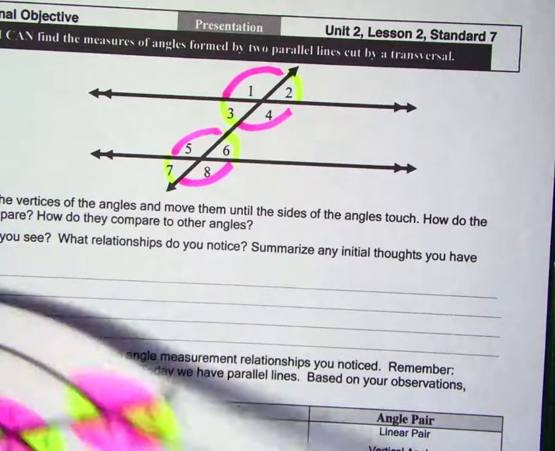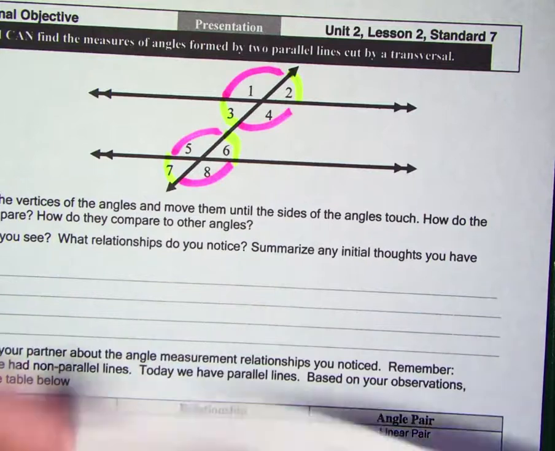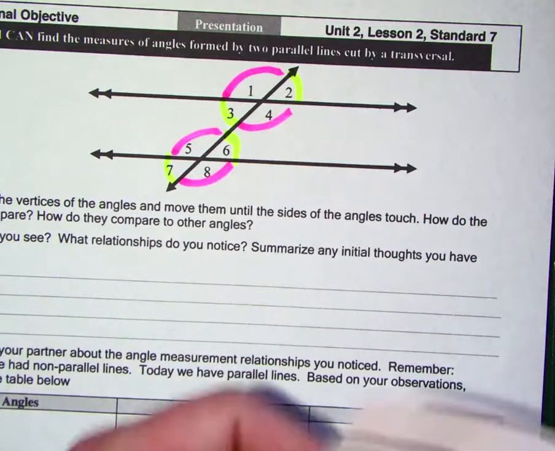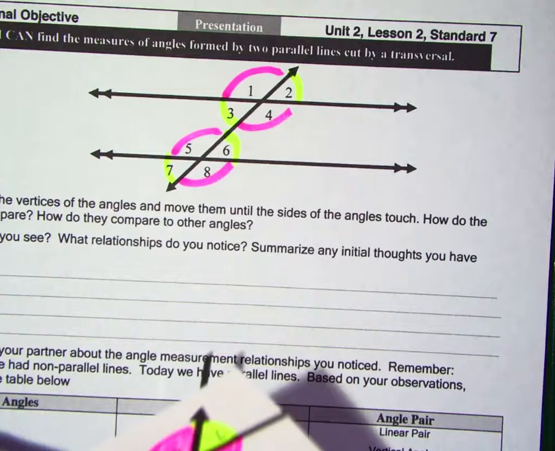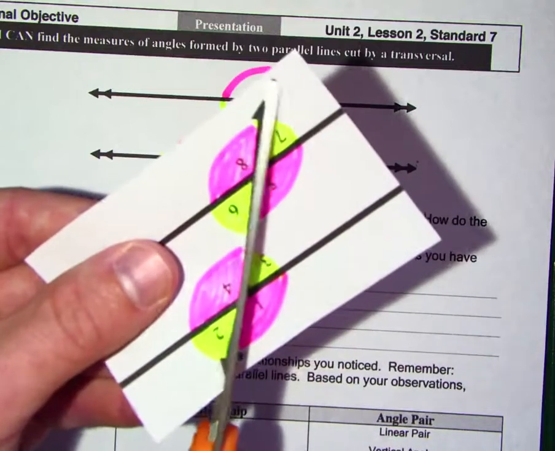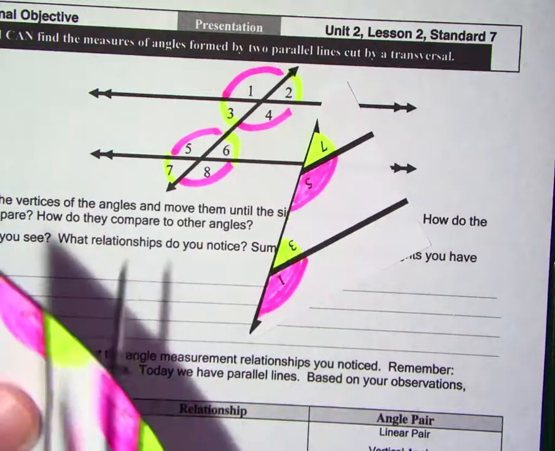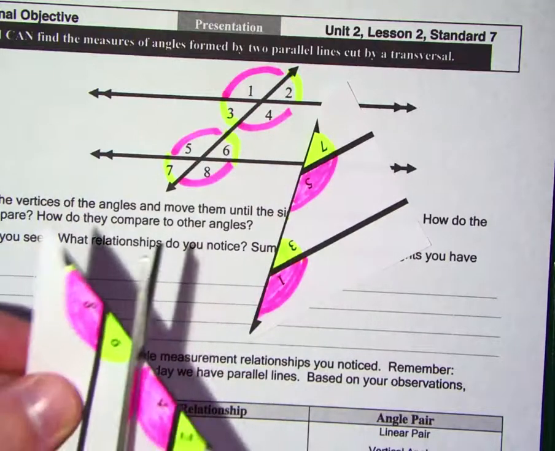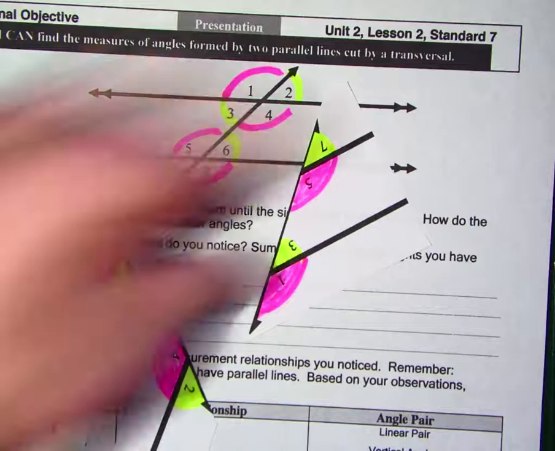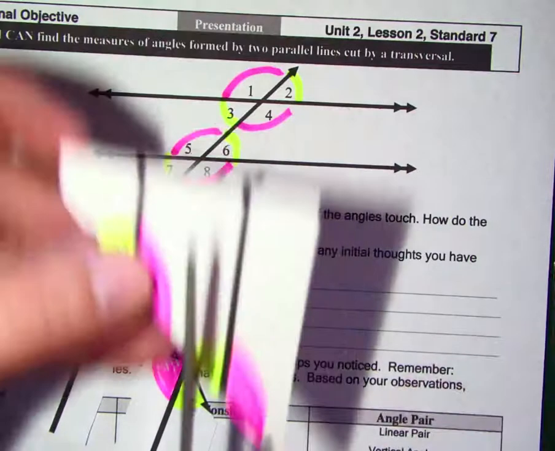Now I can cut this off a little bit, not that big a deal. Now I'm going to cut straight down the transversal. I'm going to cut these in half. Okay, and I'm going to cut these in half.